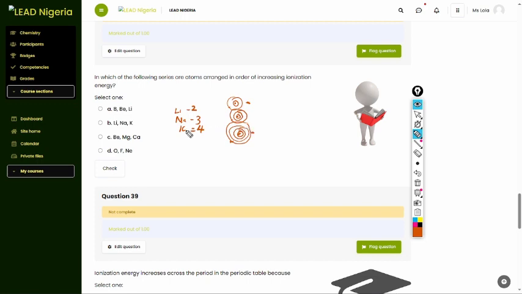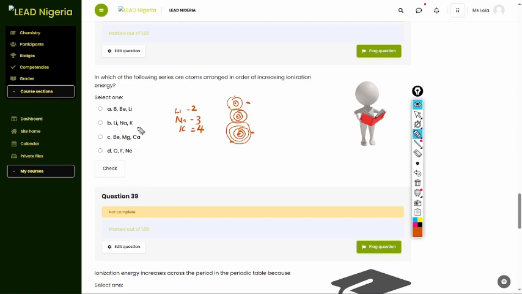So if you arrange lithium, sodium, and potassium, the ionization energy decreases. Lithium would need more energy because the last shell of lithium is still closer to the nucleus compared to the rest. So lithium, sodium, potassium gives you an order of decreasing ionization energy.